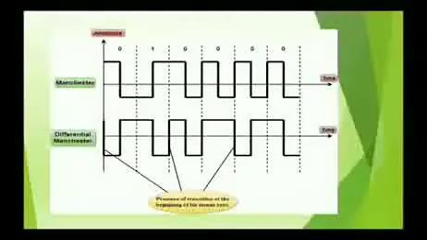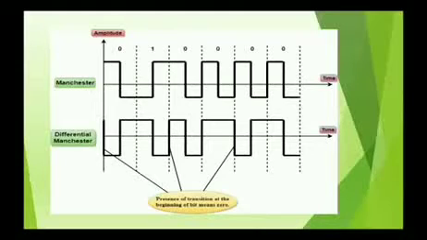So here's the graph for Manchester and differential Manchester. In Manchester, you can see that a 0 bit is represented from positive to negative and a 1 bit is represented from negative to positive and so on. In differential Manchester, a transition occurs only if the next bit is 0.